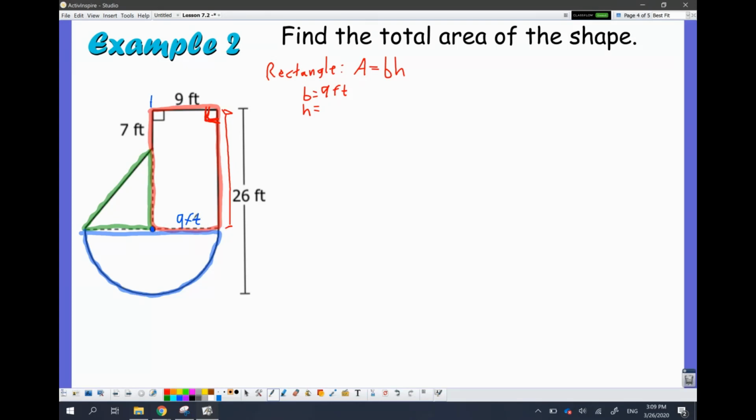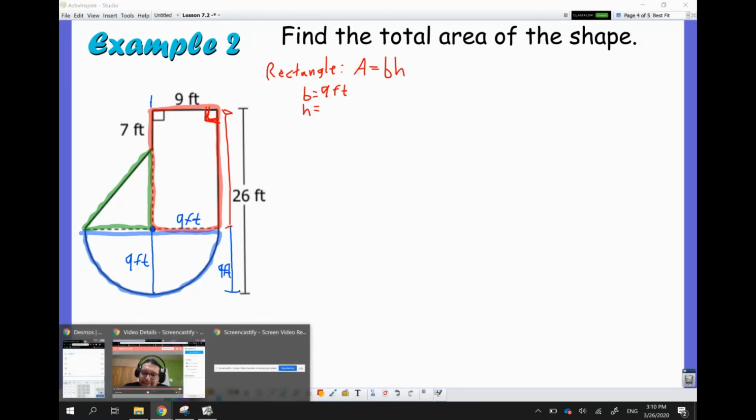Now, knowing the radius, I know the distance from any point on this semicircle to the center, because that's what the radius means. So I know that this has to be 9 feet as well. Now, if this is 9 feet, that means this distance is 9 feet, which means that if I subtract 26 minus 9, then I would find the height of my rectangle.